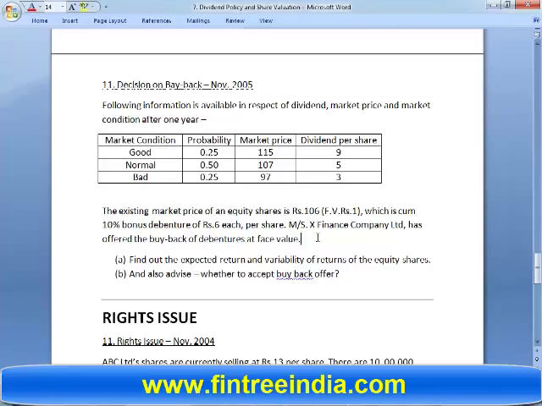Point number 1. Company in all the three scenarios is paying a healthy amount of dividend.